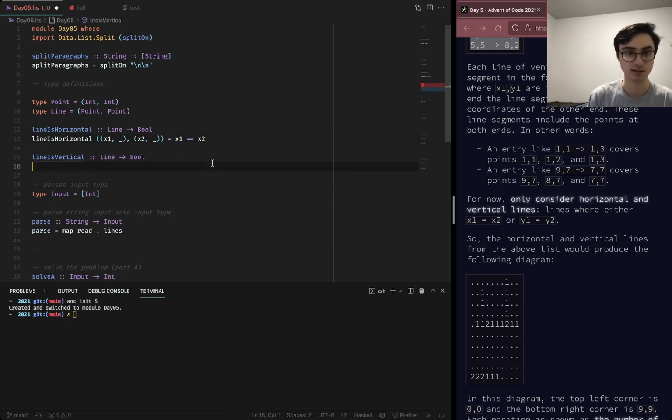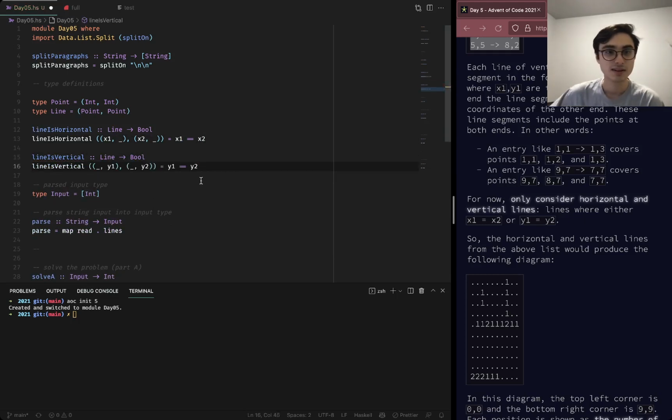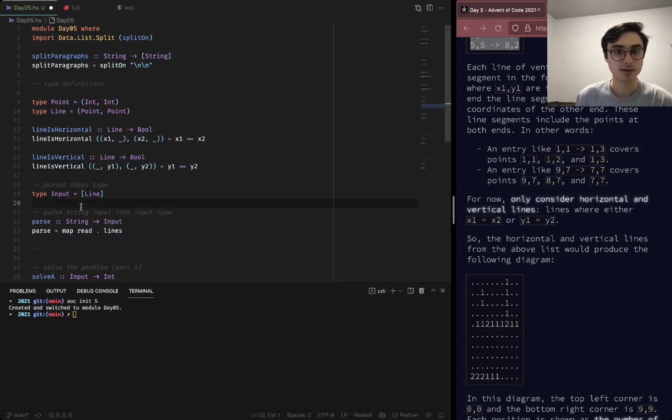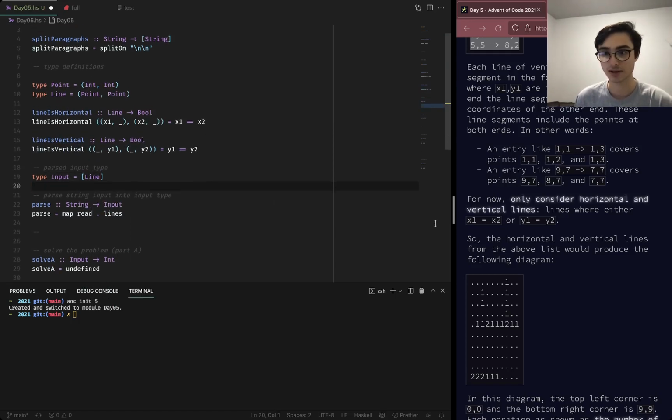And then, let's see if it will write this. Yes, perfect. Okay, so that was easy. Our input is a list of lines. And so let's see how we're going to parse a line.